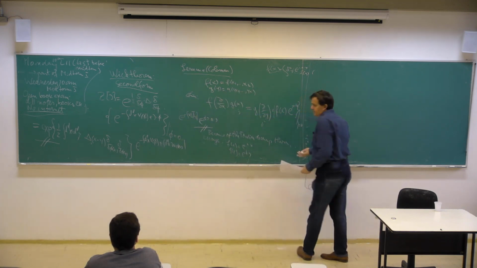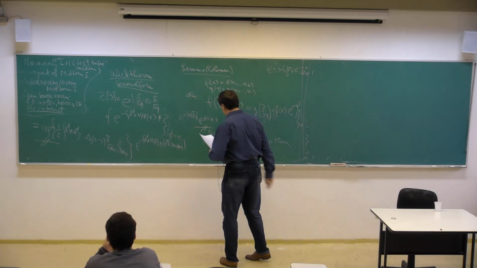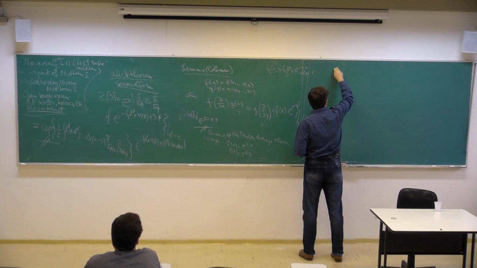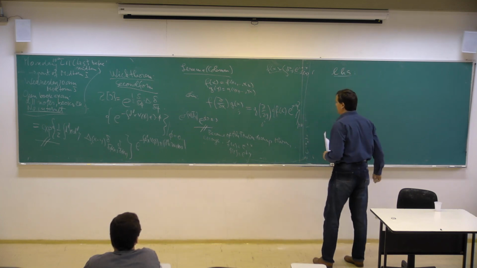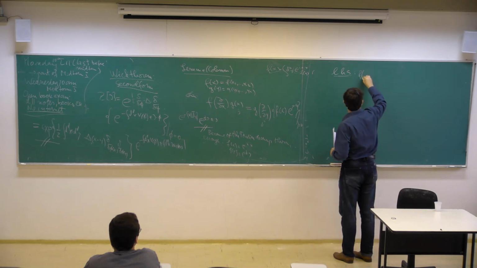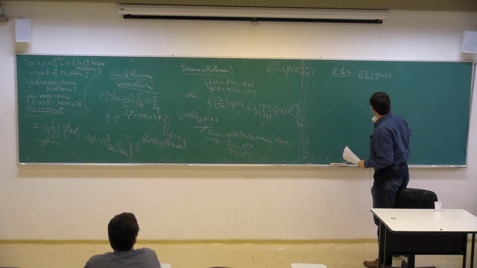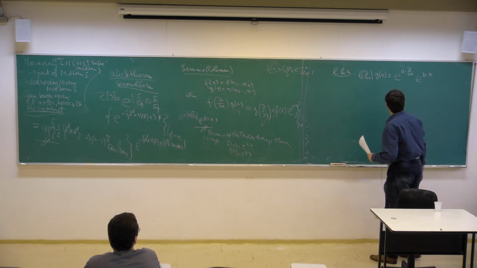And so now we just substitute this. First for the left-hand side. So f of d/dx acting on g of x is now what? e to the a dot d/dx, and g of x is e to the b dot x, right?